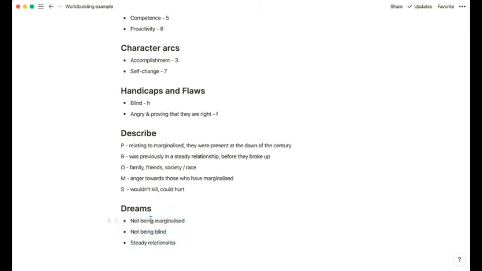What they're passionate about will be focusing towards that. For example, you'll probably be passionate about a certain person if you want to get into a steady relationship. You'll probably be passionate about getting attention if you don't want to be marginalized.